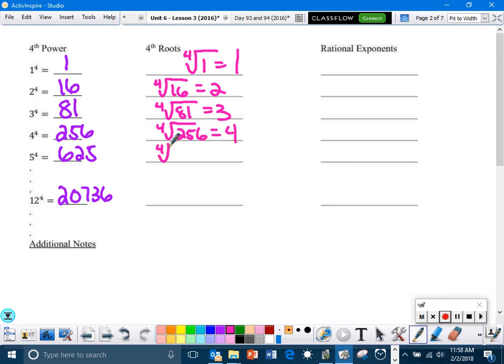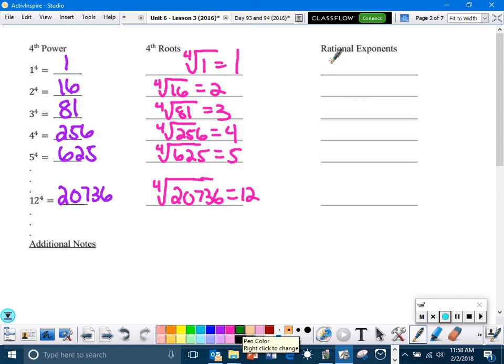The 4th root of 625. The 4th root of 20,736. But again, we do not want to use the 4th root at all. We want to use the rational exponent. You should know this by now. So the rational exponent is going to be 1/4. I'm just going to write the rest of these out.